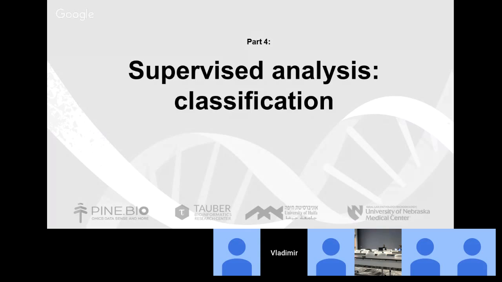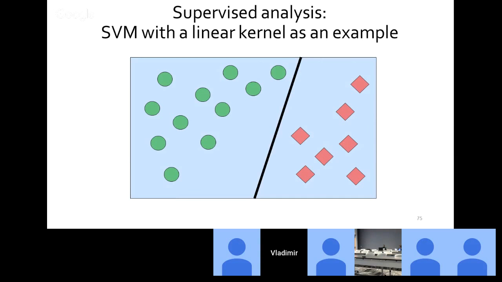The question is how to identify a subtype for a novel patient. It can be done through various supervised methods. One of the methods that can be simply described is the so-called support vector machine.